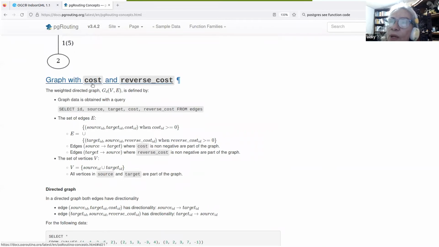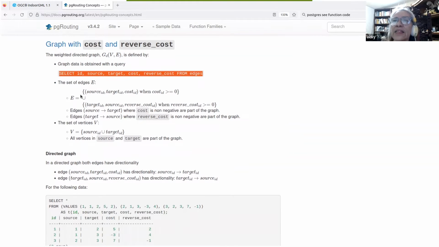Now, what happens when we have cost and reverse cost? We select the data as follows. We have to select the identifier of the edge, the source, the target, the cost, and the reverse cost.